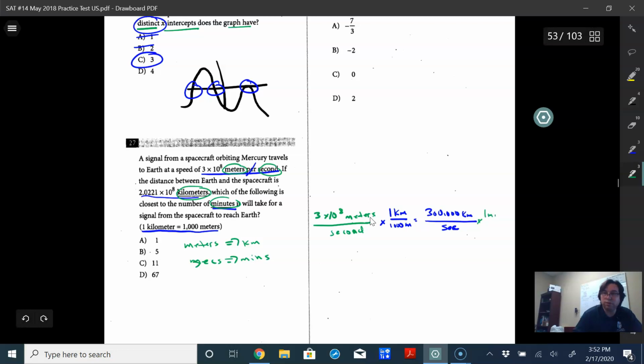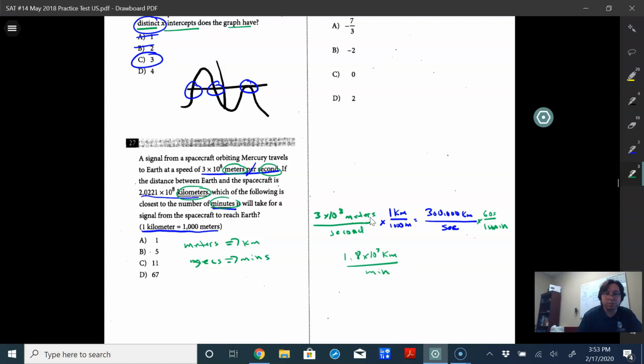We want to get rid of seconds and be in minutes, and so that would be 60 seconds over 1 minute. After doing that calculation, we see 1.8 times 10 to the 7th kilometers per minute.